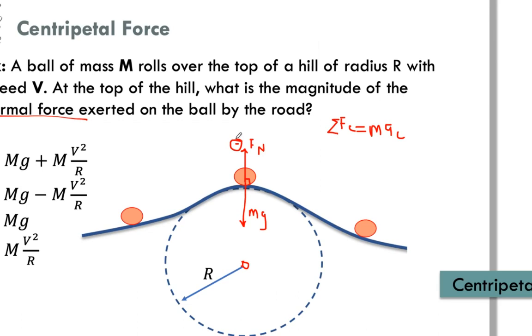Our normal force is opposing the net force or the acceleration of that system. So it is negative. It is not center seeking. It does not point towards the center. It points away from the center. Any force that points towards the center or is center seeking for circular motion, we label as positive.